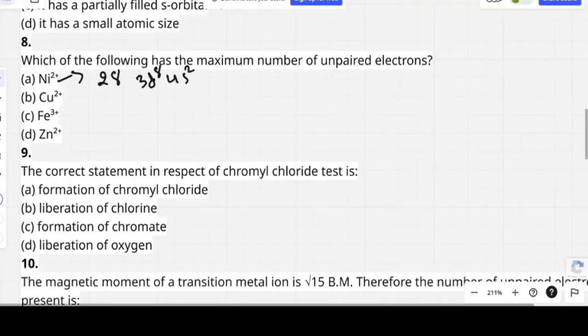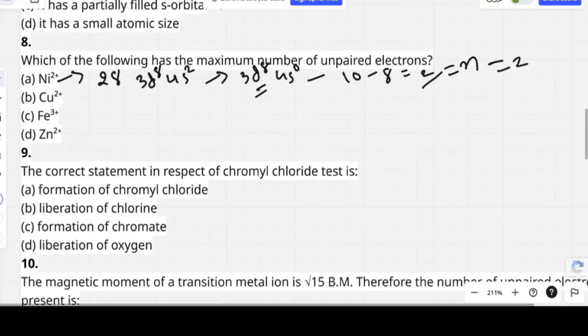For nickel plus 2, the configuration becomes 3d8 4s0. So it is a d8 system, meaning the number of electrons in d is 8, and 10 minus 8 gives 2 unpaired electrons. So n is equal to 2 in the case of nickel.